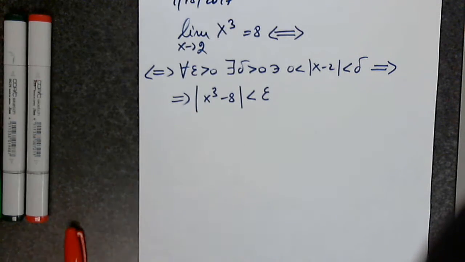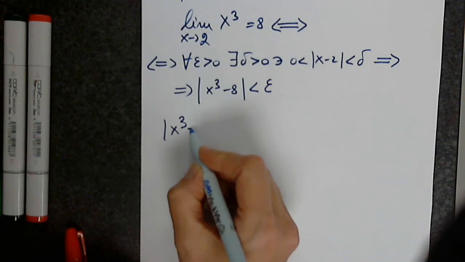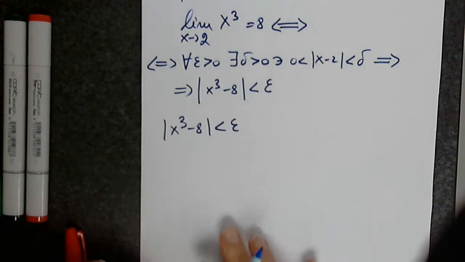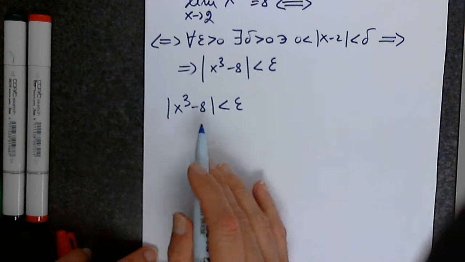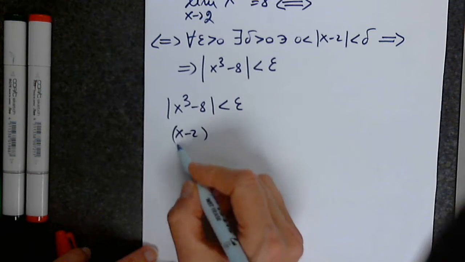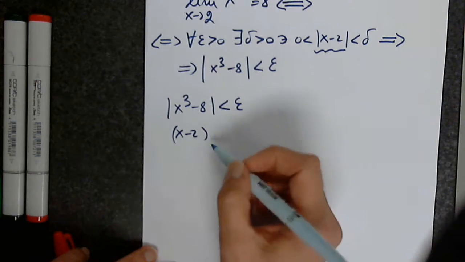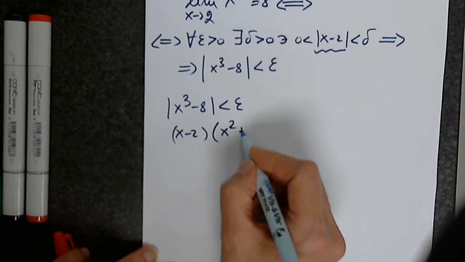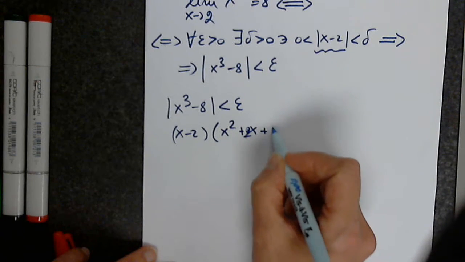Okay, so we start from the end. I start with |x cubed minus 8| less than epsilon. My only chance is to remember how to factor this. So this is x minus 2, and of course, I know what I'm after, x minus 2 times x squared plus 2x plus 4, less than epsilon.